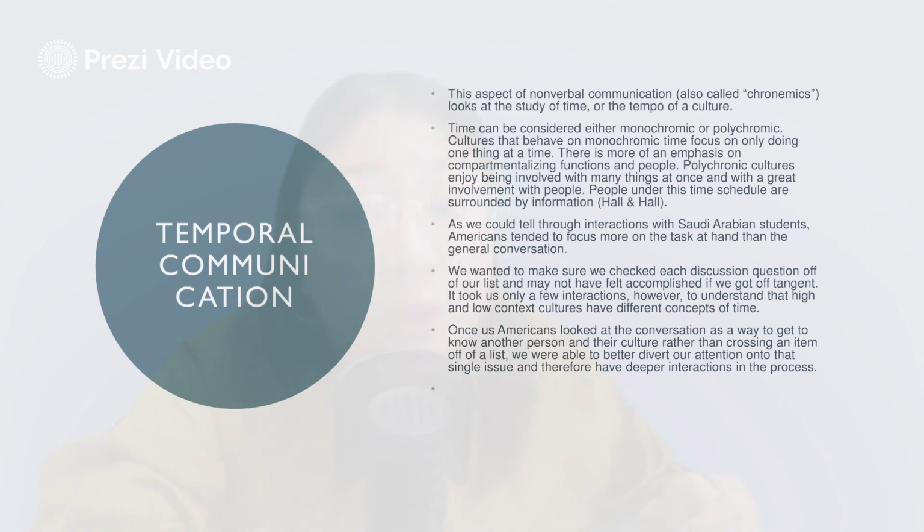Polychronic cultures, however, enjoy being involved with many things at once and with a great involvement with people. Okay, mono, only doing one thing at a time. Meanwhile, polychronic cultures are involved with many things at once and with a great involvement with people.